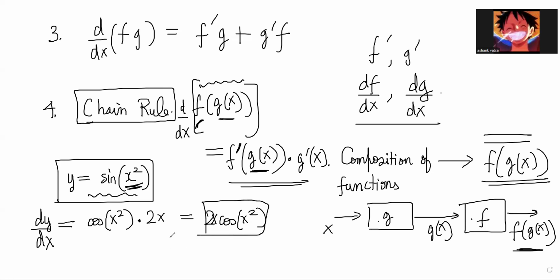Okay. Yes, sir. So for example, it could have been more complicated. It could have been sine of x square cos x. See, this is much more complicated, right? There are three functions. Sine is also there, x square is also there, cos x is also there, right? Yes, sir. But the method to differentiate is very simple. Always first do the outer function without worrying about the inner stuff, right?